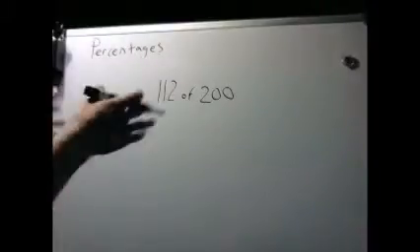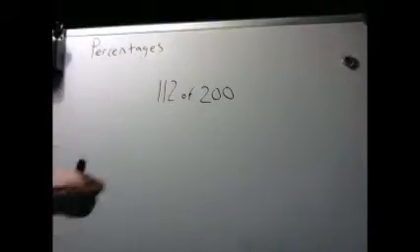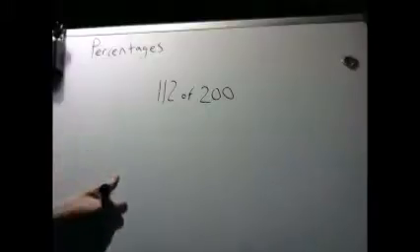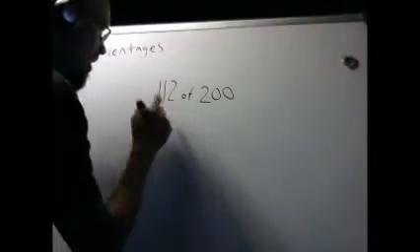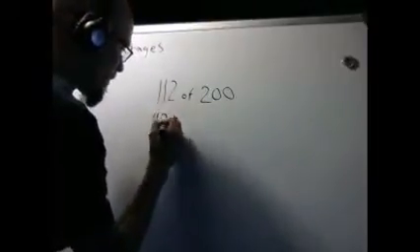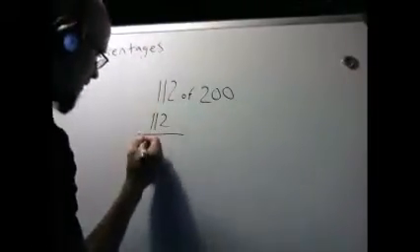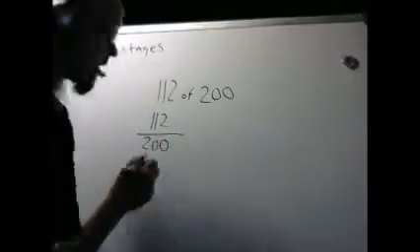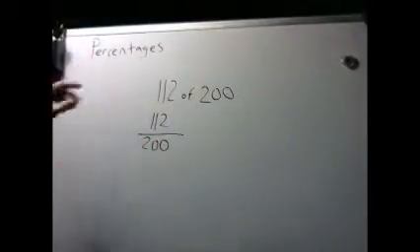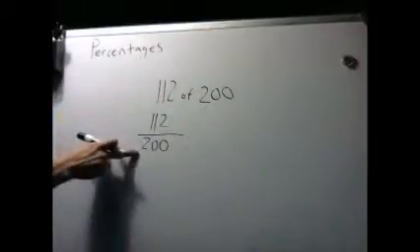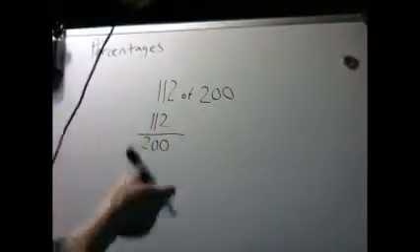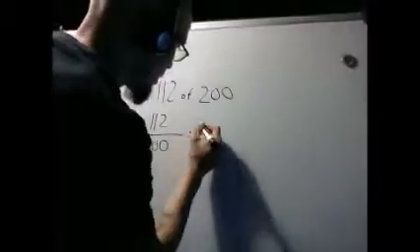And so, given our little hypothetical question here, how would we set this up? Well, quite simply, how we would begin is we would say 112 out of, which is to divide by 200. Because just as we saw before, we're looking at 112 out of the 200 that we have.